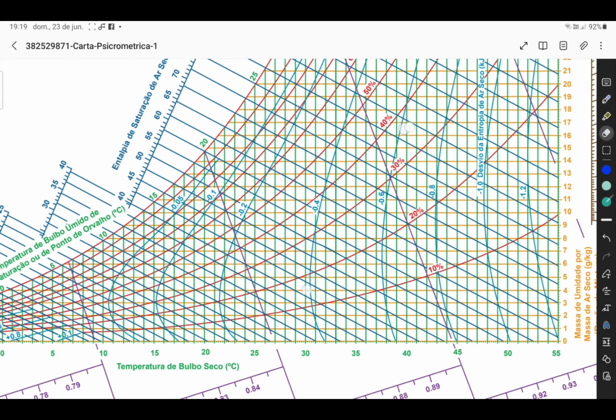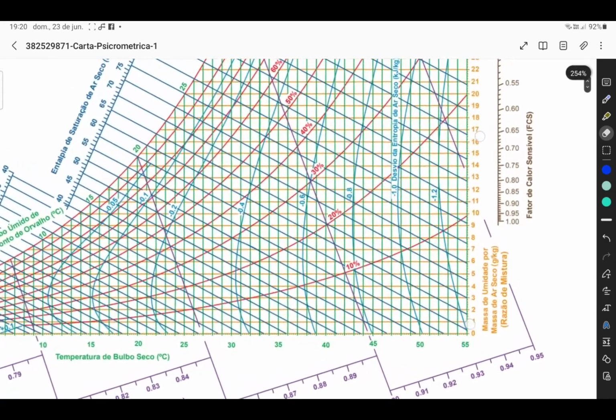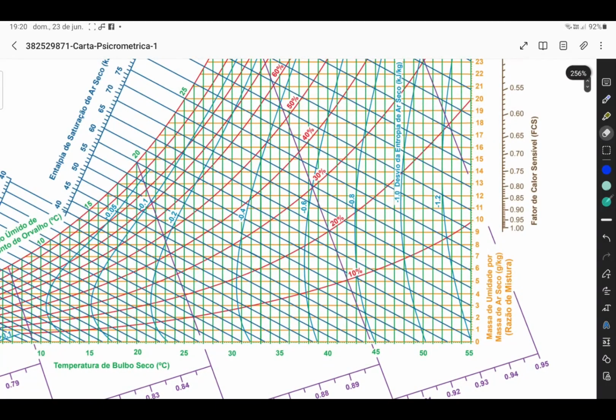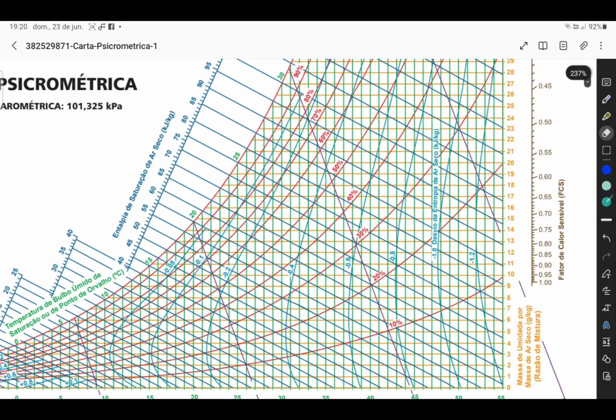So another important property that we are able to capture in our psychrometric chart: the relative humidity curves, which refer to a ratio of how much water vapor can still evaporate into my air.